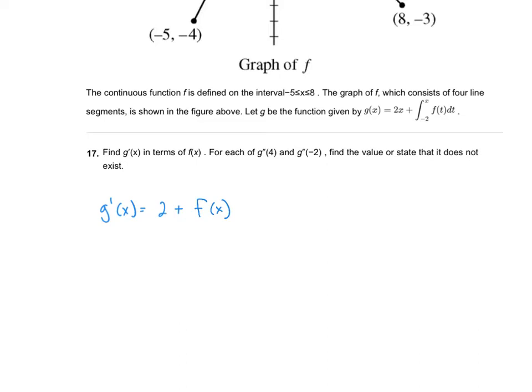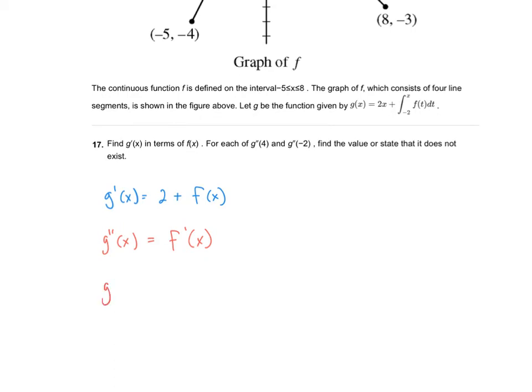The next part asks us to find g double prime at 4 and g double prime at -2. So we'll take the derivative of g to get g double prime. The derivative of 2 is 0, so that's just f prime of x. Now we'll find these values: g double prime at 4 and g double prime at -2.